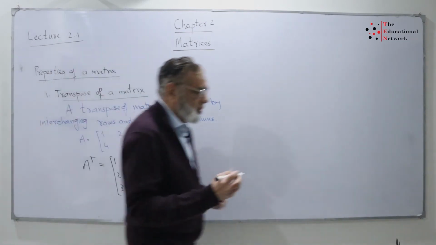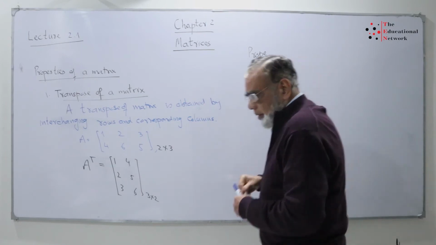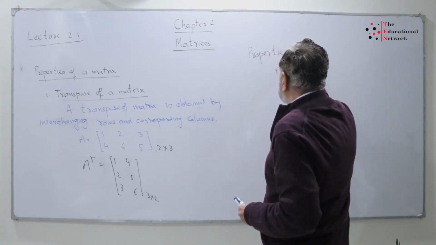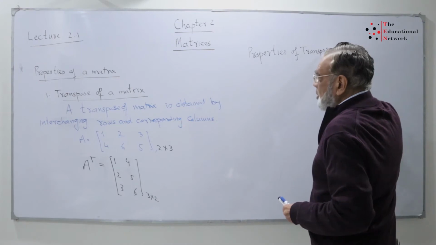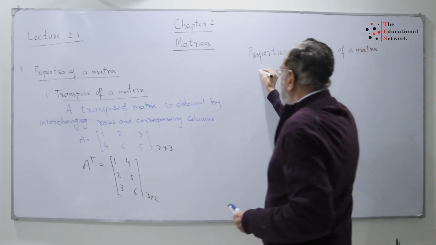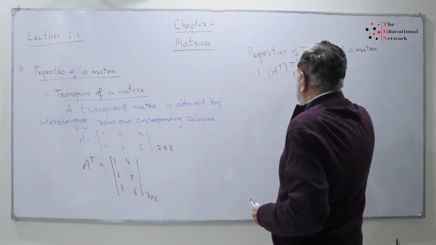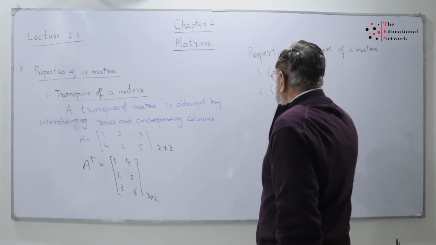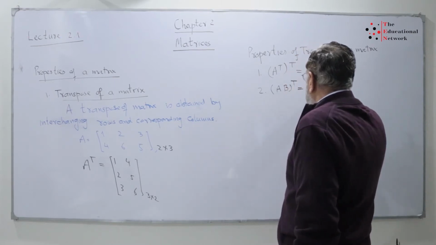So we have the properties of the transpose of a matrix. Number 1: if we take the transpose of A transpose again, this becomes matrix A. Second property: we have matrix A multiplied by matrix B; we take the transpose, and this will be B transpose times A transpose.